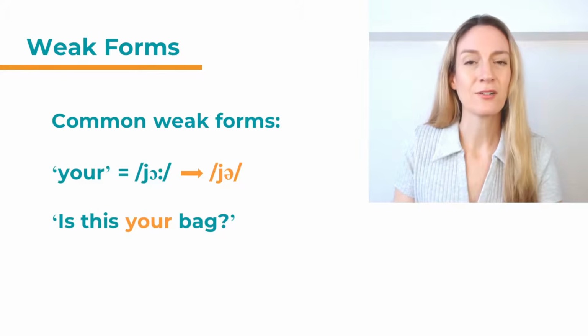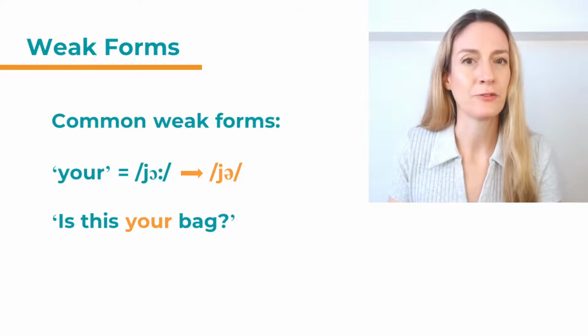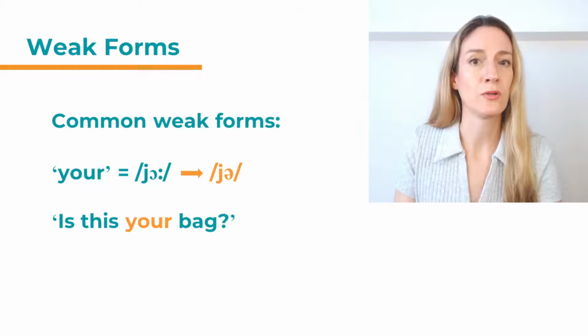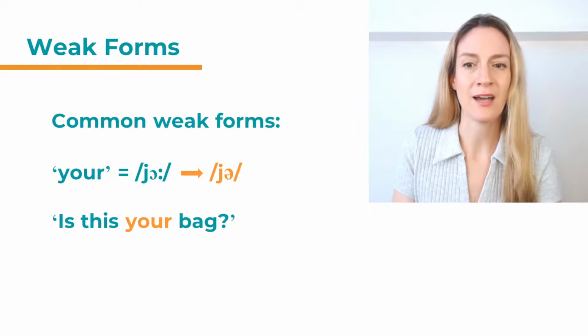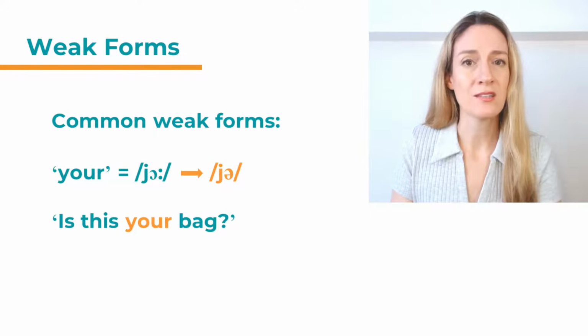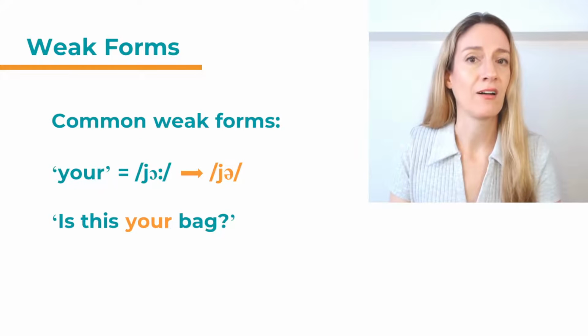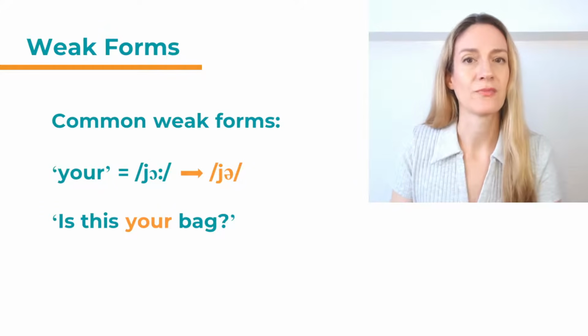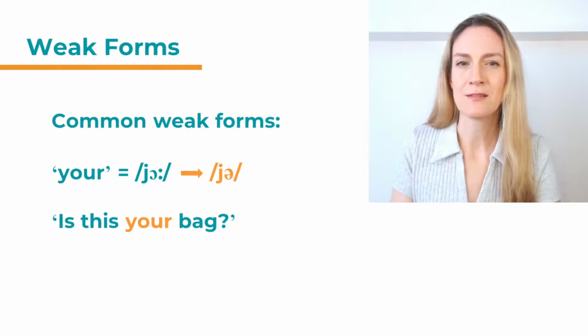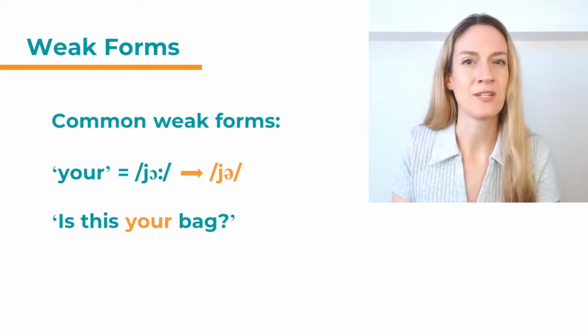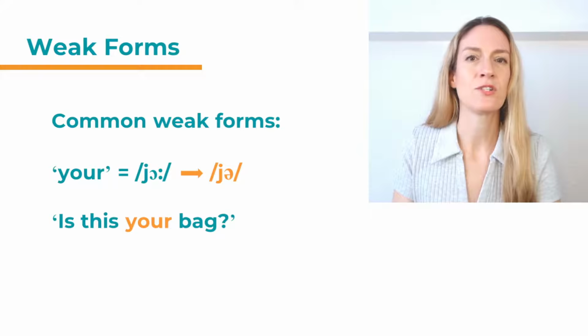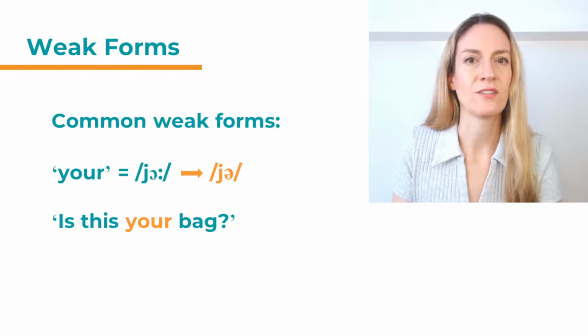Now let's have a look at another common weak form, and this is with the word your, a possessive adjective. So on its own, or when you stress it, it sounds like this, your, and it contains a long vowel sound. However, when we speak naturally and the word is not stressed, it is reduced to "y".